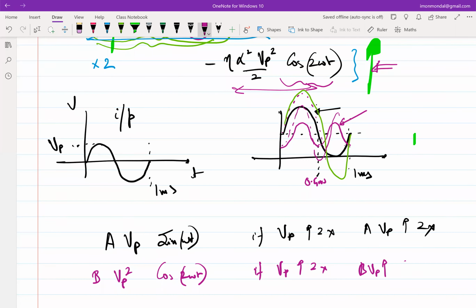It increases by 4x. That's all the point is. So your undesired stuff increases as you make your system louder, and it increases at a faster rate. It's quite possible that if you keep on cranking up, this undesired component might catch up and become the dominant one. So essentially you get junk at the output.